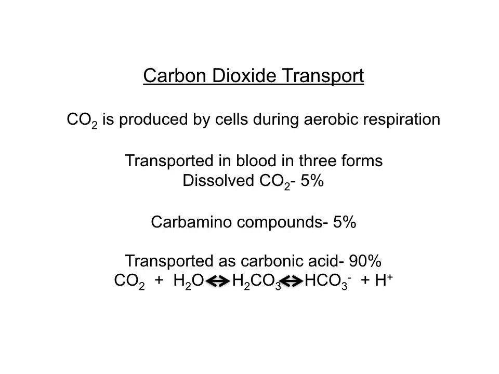Now, the equation that you see on the screen is actually describing the chemical reactions that we're going to be talking about on the next two slides. If you take CO2 and water and combine them, you form H2CO3, which is called carbonic acid.